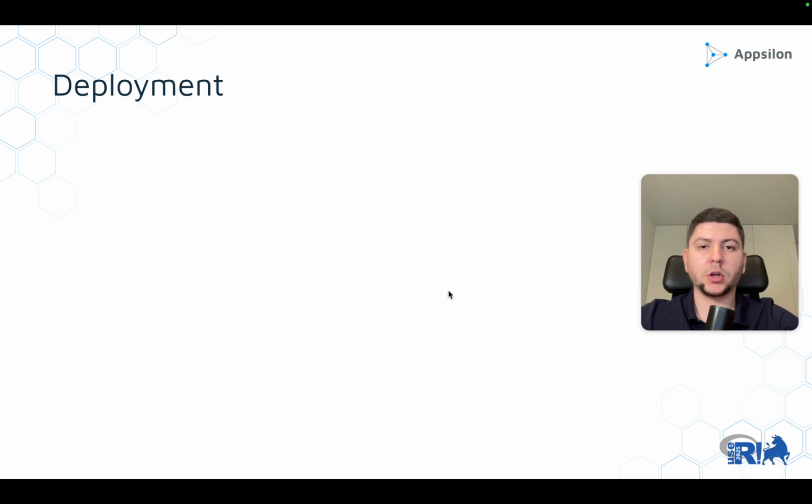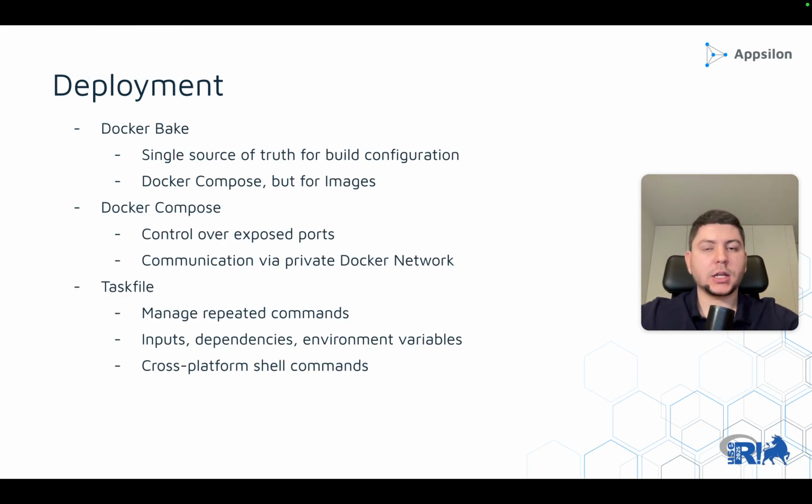Let's talk about the deployment. How do we get this entire system up and running? And it's actually much simpler than one might think. It consists of 3 critical components. First, number 0, which is not on the slide, is of course Docker files. Every service is Dockerized, which means it has a Docker file declaration of the base layer or the OS that it is using, the files, the dependencies, everything.